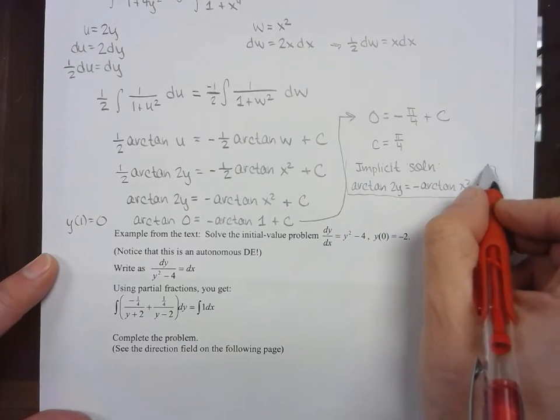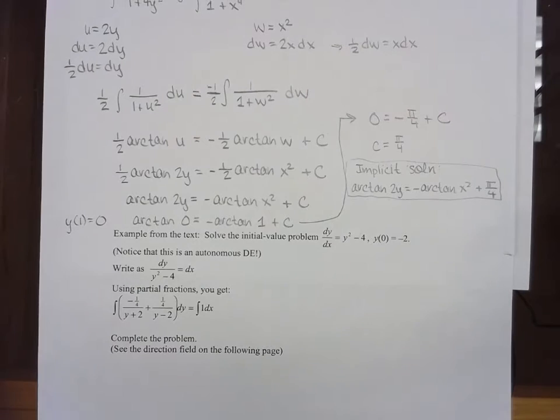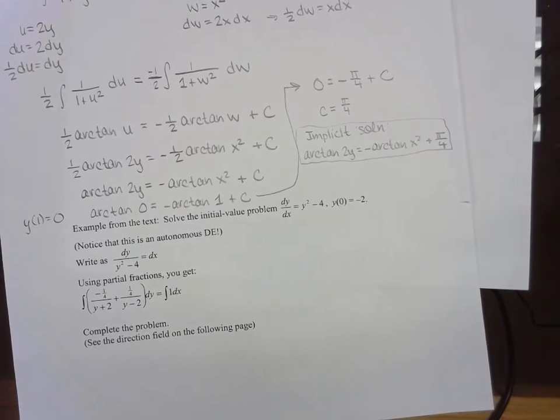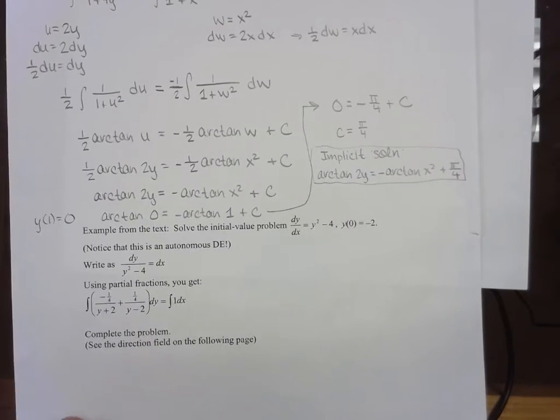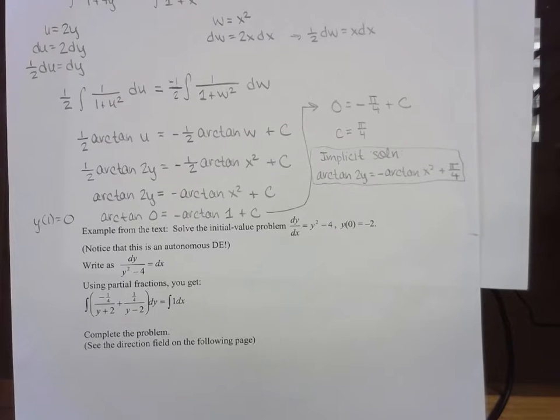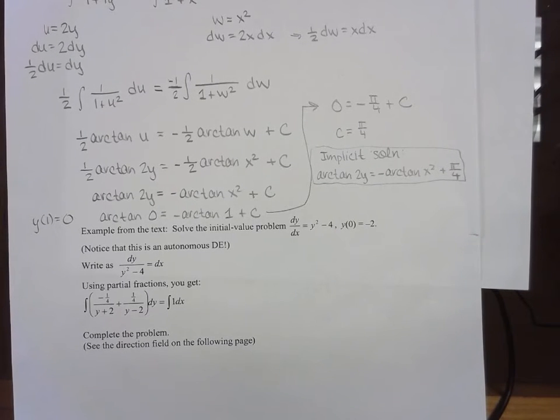You could solve for y by taking the tangent of both sides, tan of arctan. You're just going to get the 2y. But on the right-hand side, you'd have to use a trig identity, like the tan of a plus b formula. I don't have that one memorized, but you could look it up and simplify it. You could get an explicit solution, but I'm fine with this.